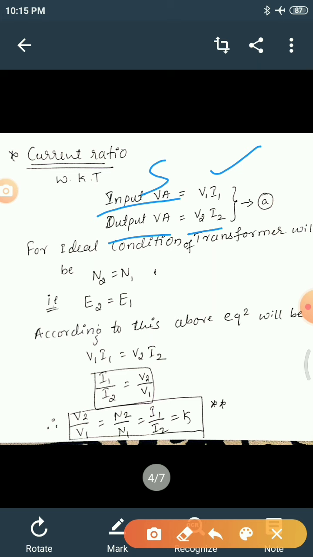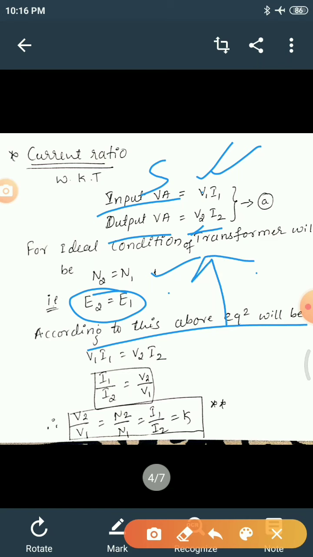For ideal conditions, N2 will be equal to N1, that is, the number of turns on both primary and secondary will be the same, so E2 will be equal to E1. You can take it as E2 E1 or V1 V2, both are same. According to this ideal transformation condition, V1 I1 will be equal to V2 I2.